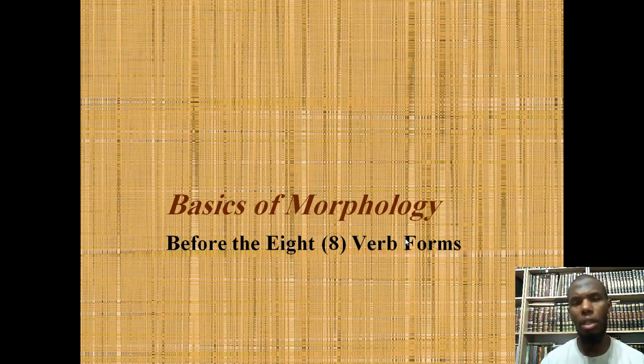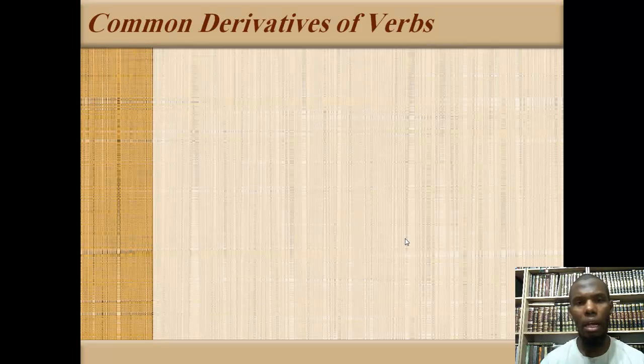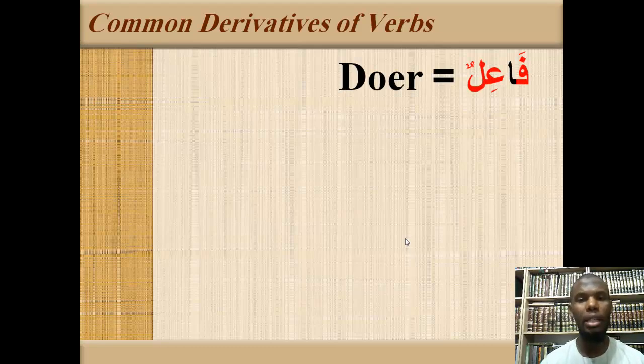So now we want to look at a few of the derivatives from those, or the different scales or awzan that we talked about. The first one of importance to us is wazn fa'il, and we noticed the changes to the original verb fa'ala.